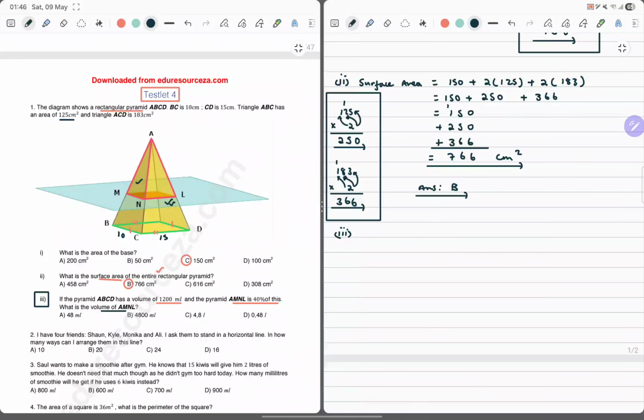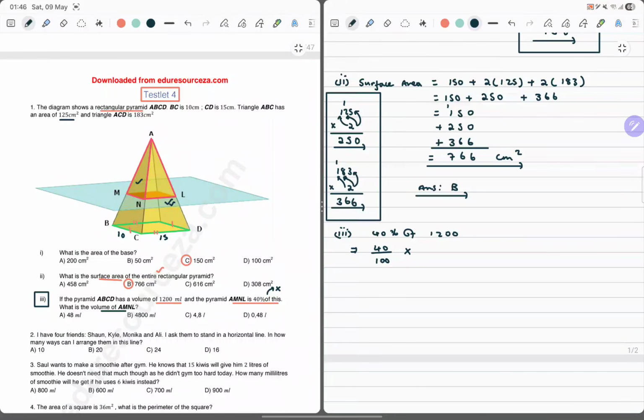Alright, so let's see. 40% of. Now, you know that of means multiplication. In maths, we need to know that certain words have a particular symbolic meaning. So of means multiplication. So we know that 40% of 1,200 implies that we have 40 over 100. As we said, a percentage is a number over 100.